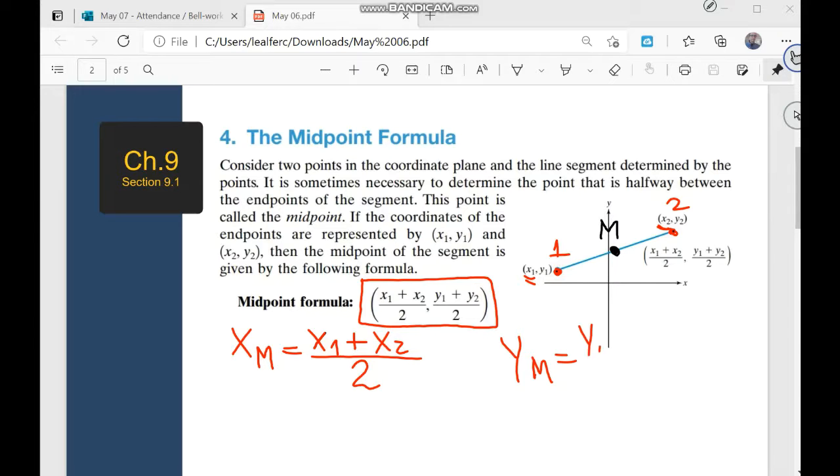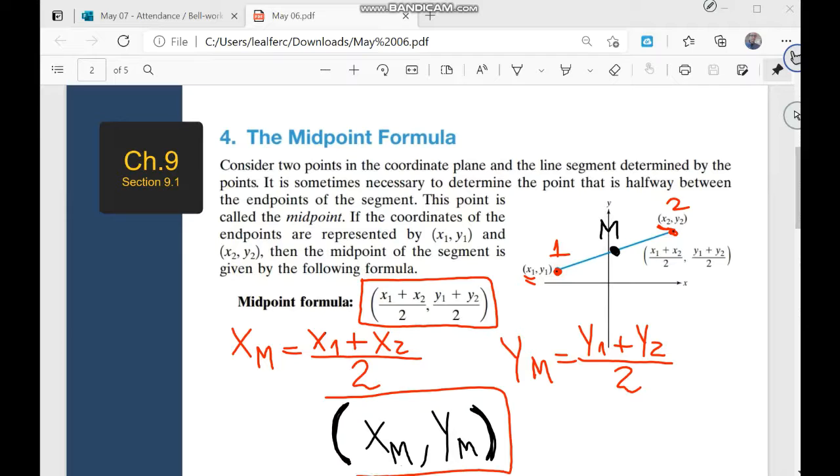We have y1, we have y2, and the y of the midpoint is y1 plus y2 divided by 2. That's it. The answer will be an ordered pair. You have to represent it using parentheses: x of the midpoint, comma, y of the midpoint. Close the parentheses. This is how you will answer a question like that.